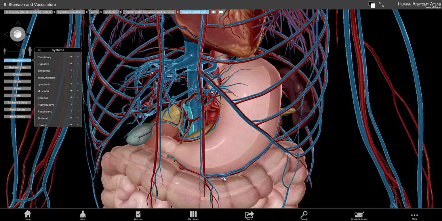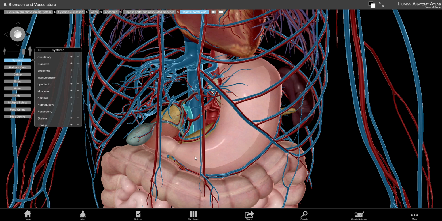From the greater curvature, the right gastroepiploic vein drains into the superior mesenteric vein, and the left gastro-omental vein, or left gastroepiploic vein, drains into the splenic vein. So finally it all drains into the hepatic portal vein.